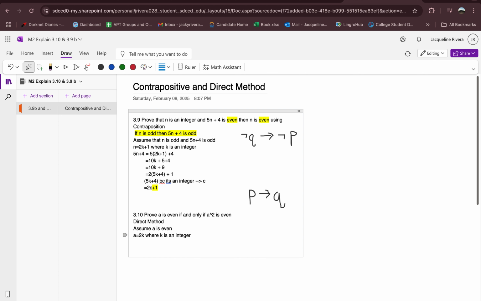And then from there, we would just input it like we did with the contrapositive, which would be a squared equals (2k) squared.